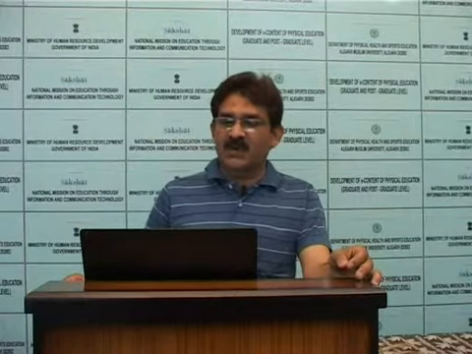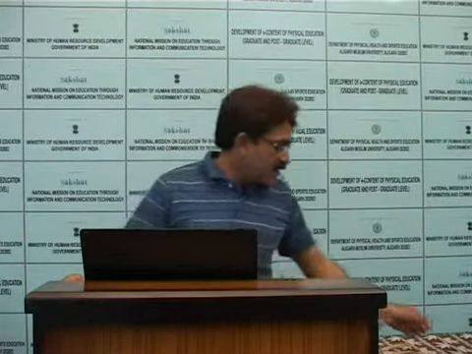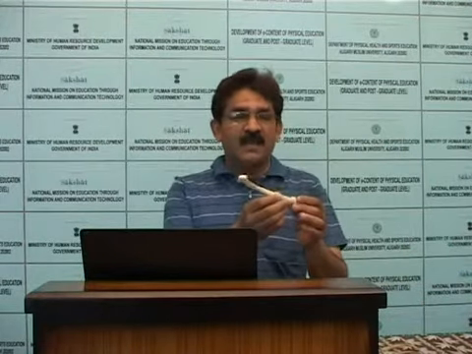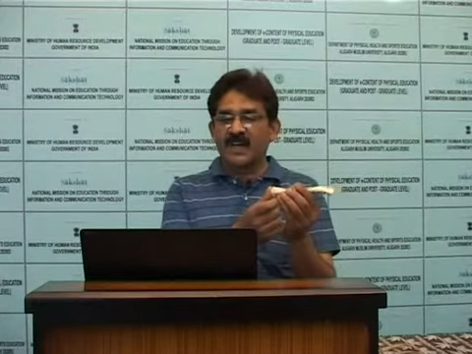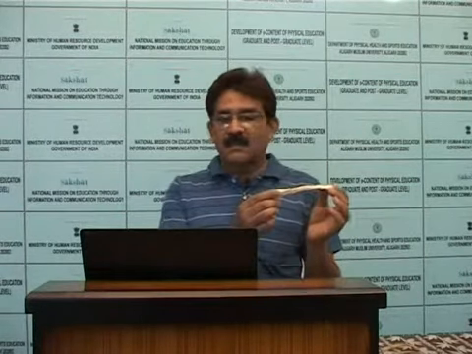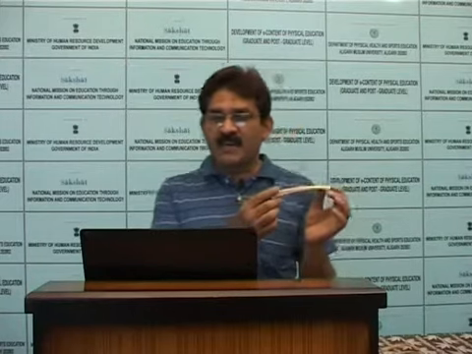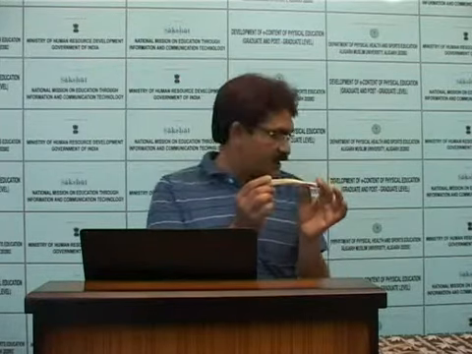The appendicular skeleton has 126 bones, including 2 clavicles. This is the clavicle, and this is the sternal end of the clavicle; this is the distal end of the clavicle, the acromial process, and the anterior and posterior parts. It has an S shape.